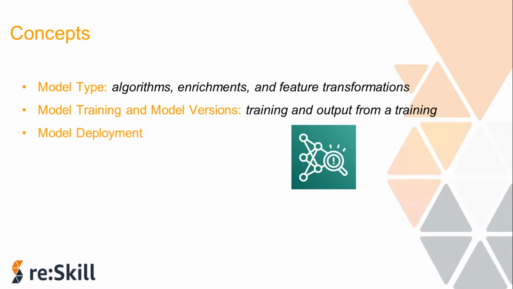Next is model deployment. When you deploy a model, you make a trained model version available for real-time fraud predictions. Just like after testing, after you have built the model and tested that it is working fine as per your requirements, you can then deploy it so that you can use it for real-time predictions. Only deployed model versions can be imported to the detectors.